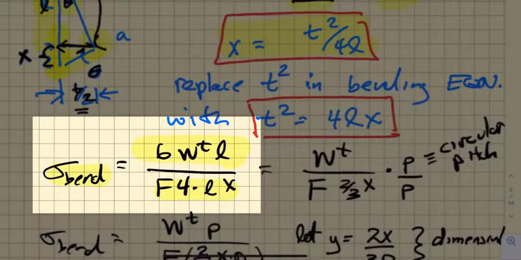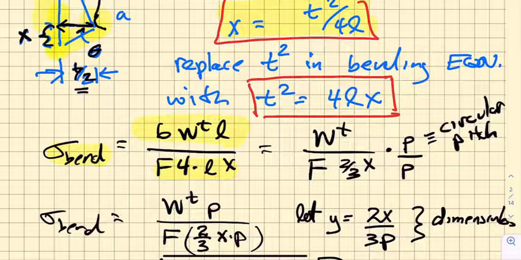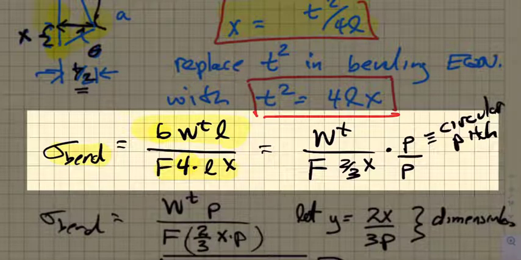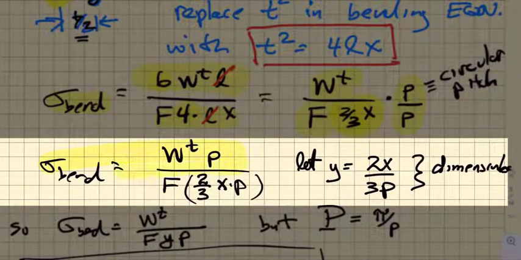And now we are going to note that this 4 over 6 becomes a 2/3 times x, and I get rid of the L, so I can cross the L out. I end up with this W_t divided by the face width F times 2/3 x, and now I'm going to multiply by 1 in the form of the circular pitch divided by the circular pitch, and I will get this equation right here.